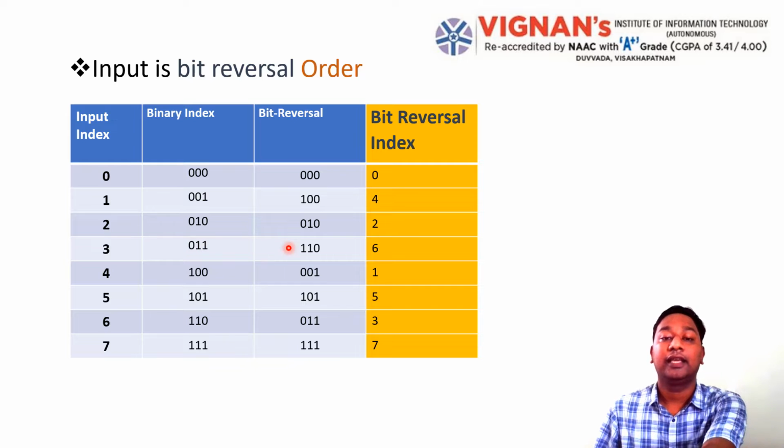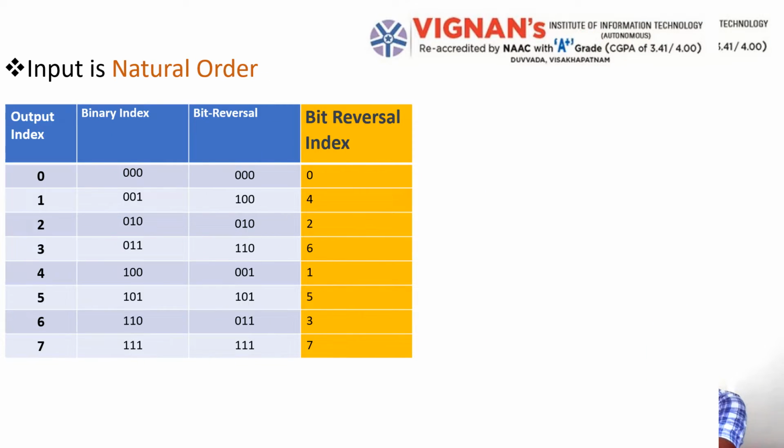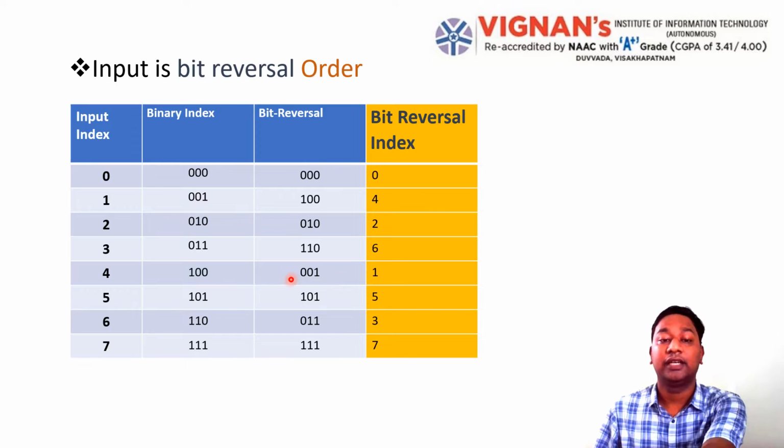For 0, 1, 1, if we reverse it, 1 will come first, 1 in the second position and 0 will come in the third position, so we get 6. Similarly 1, 0, 0 becomes 0, 0, 1, 1, 0, 1 stays the same as 1, 0, 1, 1, 1, 0 becomes 0, 1, 1, and 1, 1, 1 stays 1, 1, 1. So the bit reversal index is 0, 4, 2, 6, 1, 5, 3, 7.